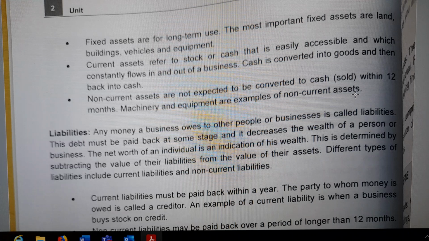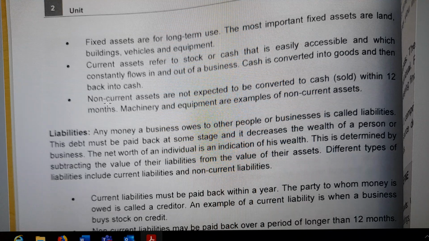So fixed assets, they are for long-term use. Examples: land, buildings, vehicles, and equipment. Current assets are assets that are easily accessible and can be converted into cash easily, for example, stock and cash.